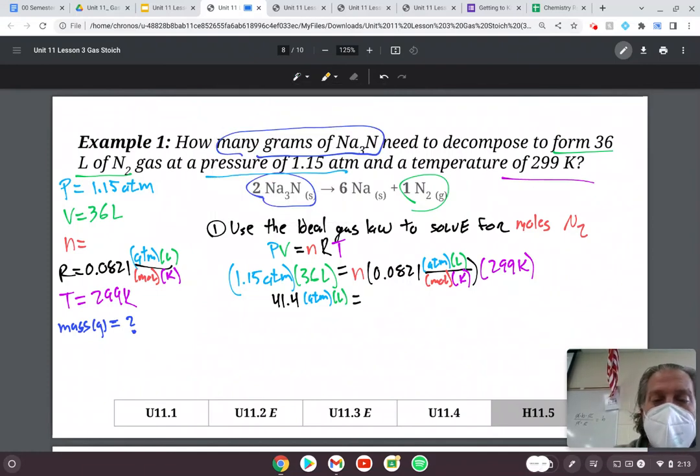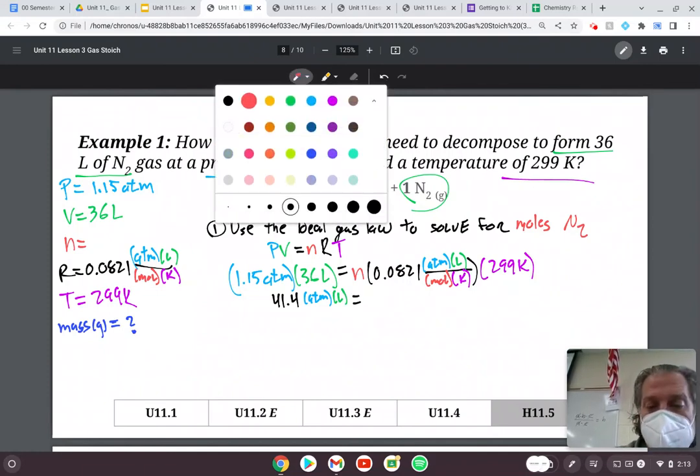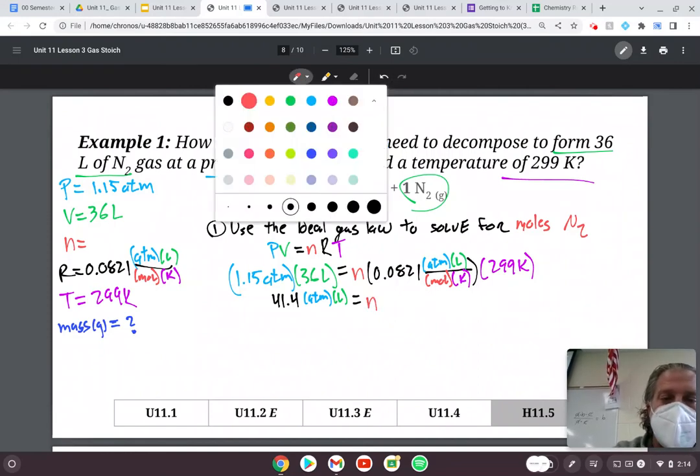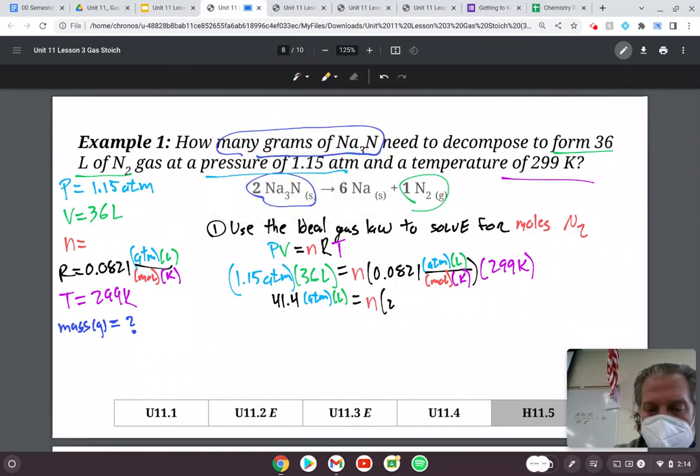We're still looking for n. On the right side, we simplify the 0.0821 and the 299 Kelvin, and we get something like 24.5479.